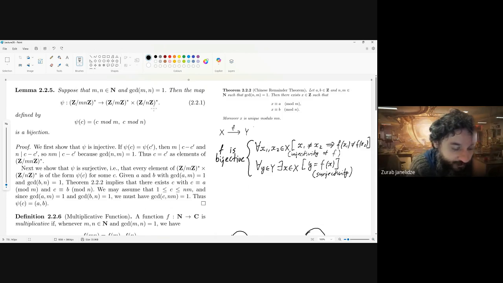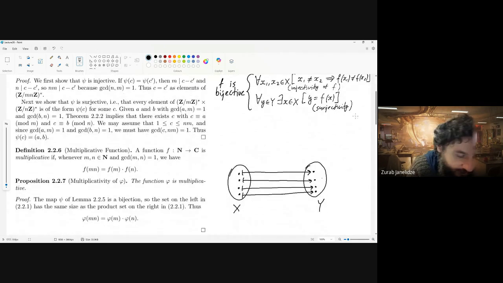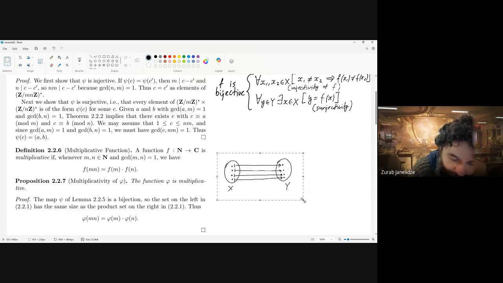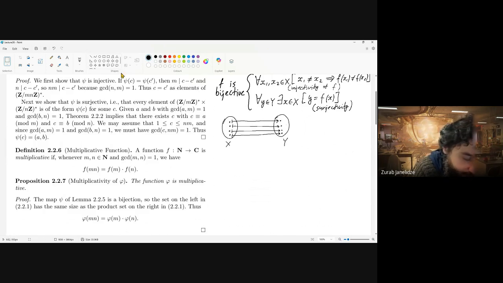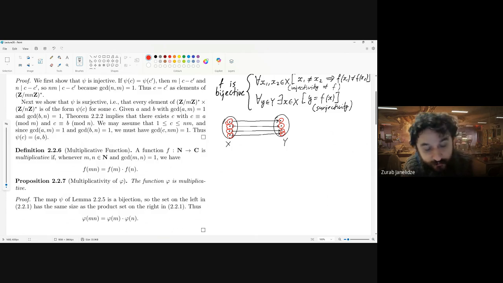Of course, the lemma gives a very specific way of building this one-to-one correspondence. Another name for a bijection is one-to-one correspondence. As you see in this picture, we've got a one-to-one correspondence. Individual elements are mapped to individual ones in such a way that no two on the left correspond to the same on the right, and no two on the right correspond to the same on the left.